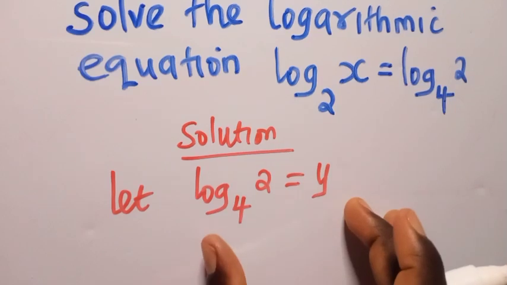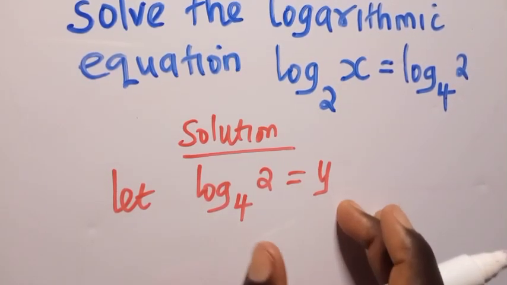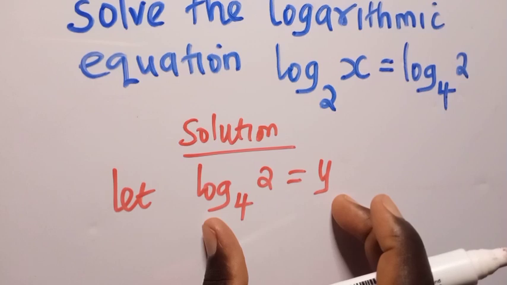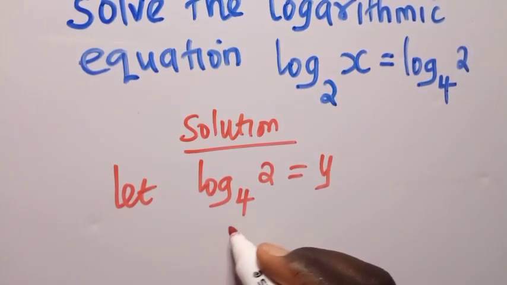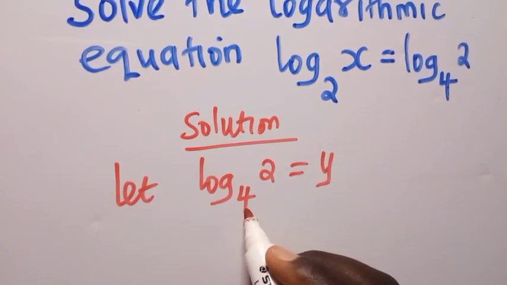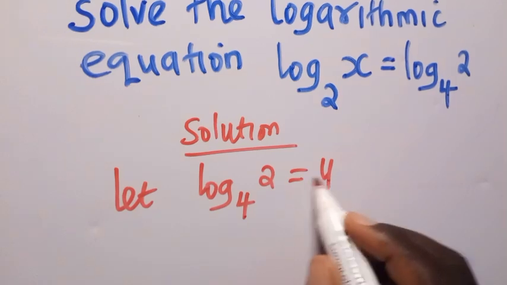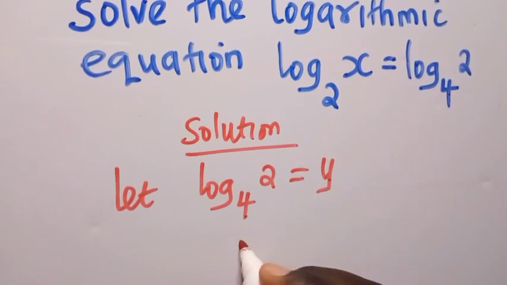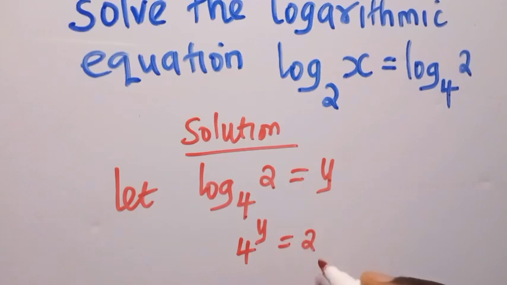Now, this is in logarithmic notation, so we have to write this one in index notation. If we write this in index notation, then we shall have 4, which is the base, raised to y equals 2. 4 raised to y equals 2.